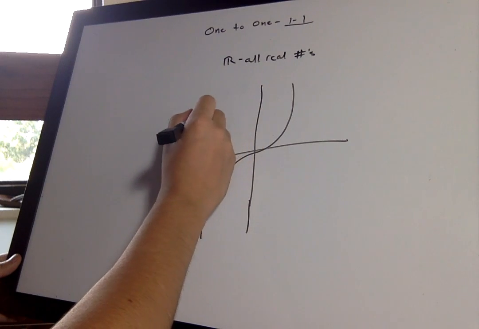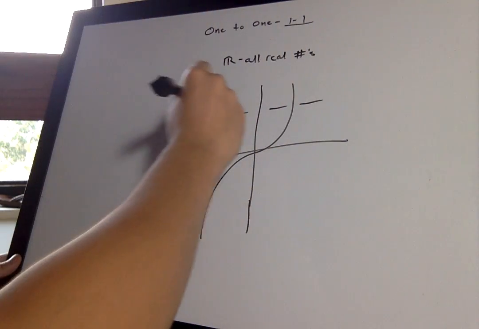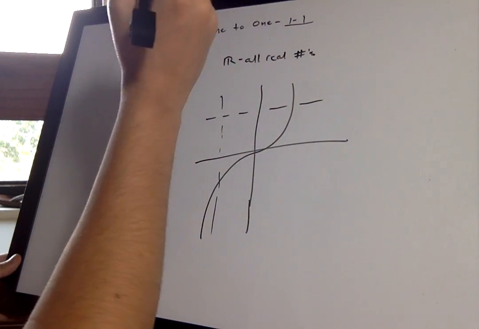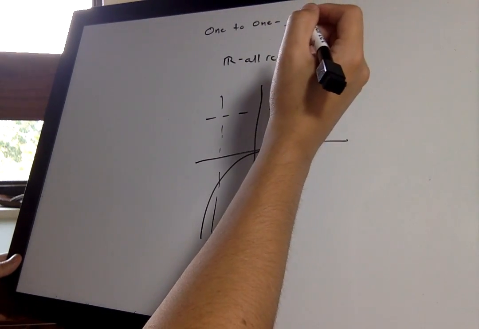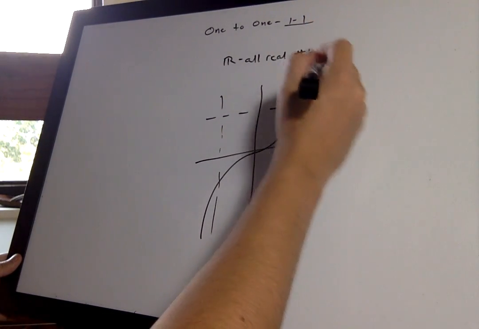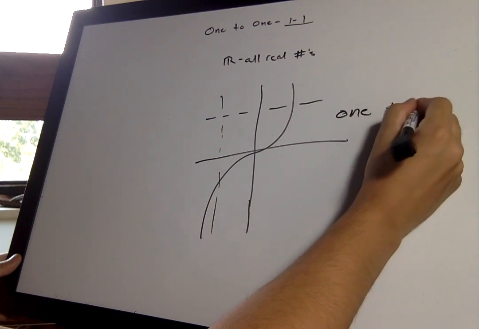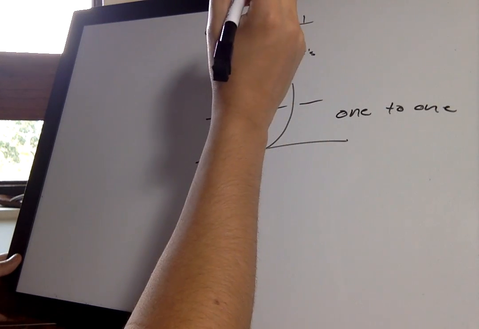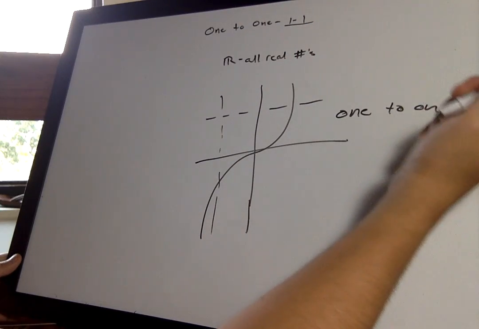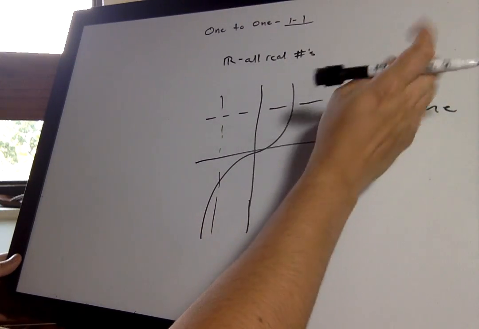Now it does pass both the horizontal and vertical line tests. So this is also one-to-one. But the only way we were able to make this tangent one-to-one is by changing the domain.